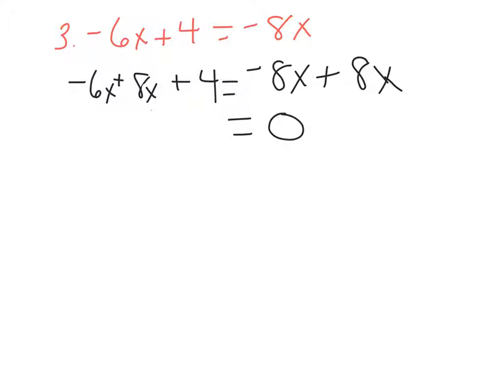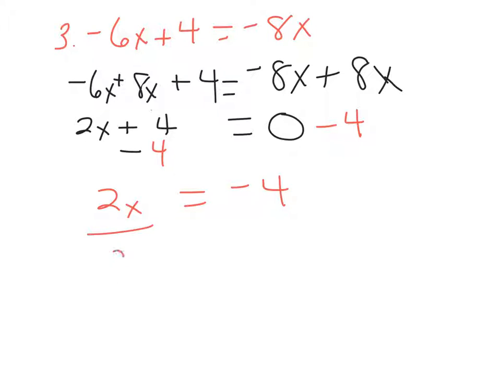We're going to have 2x plus 4 on this side. We're going to get rid of the 4 here. Now we have 2x equals negative 4. We're going to divide by 2 here, and we end up with x equals negative 2.